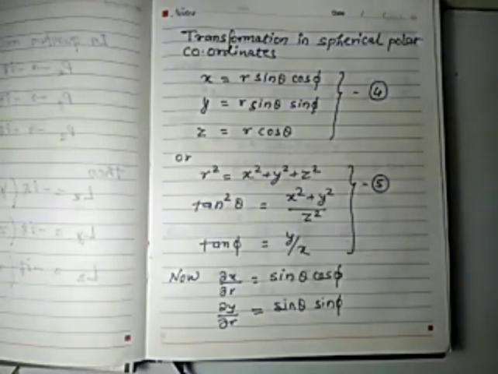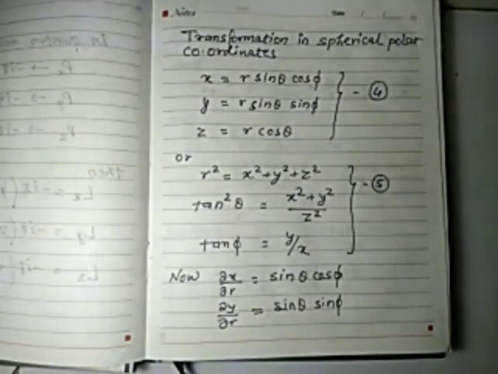And the inverse transformation equations are r² = x² + y² + z², tan²θ = (x² + y²)/z², and tan φ = y/x.